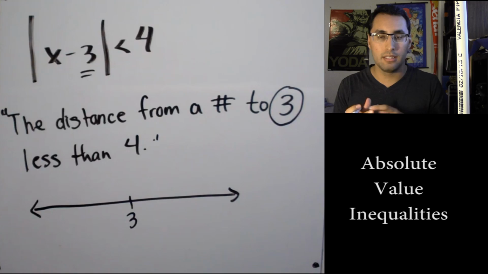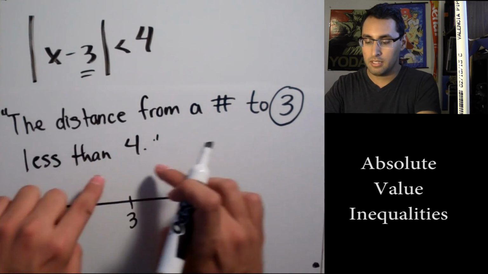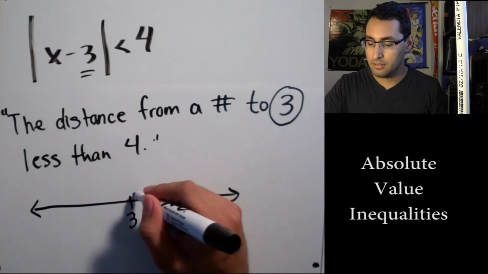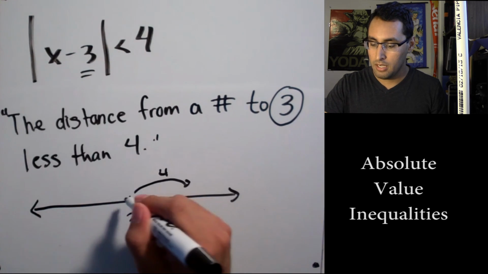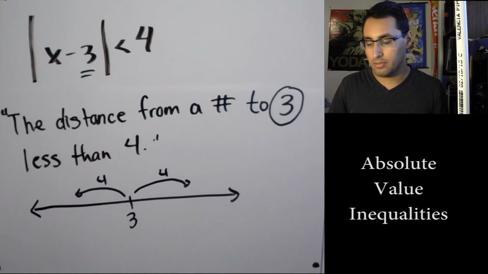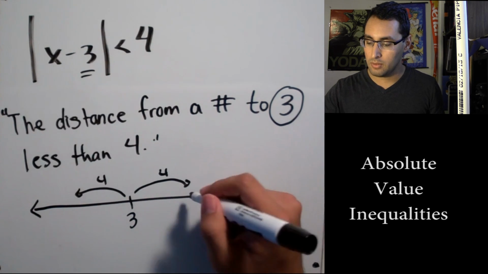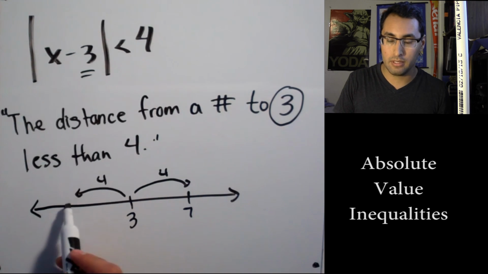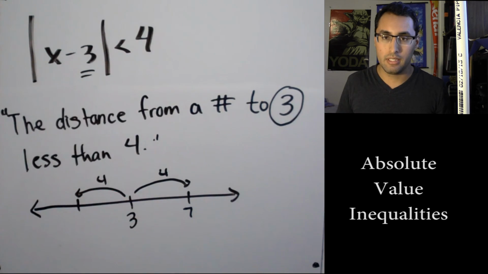Now, what's that distance? It said the distance of this stuff is less than 4. So I'm going to go 4 to the right and 4 to the left. If I take 4 steps over here, we're at 7, and if I take 4 steps over here, we're going to be at -1.